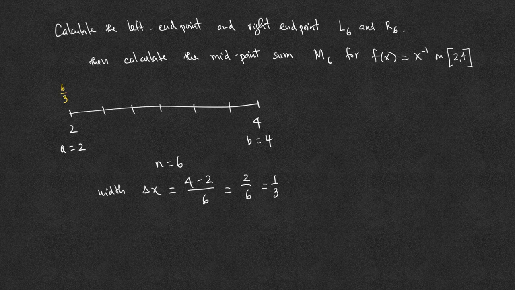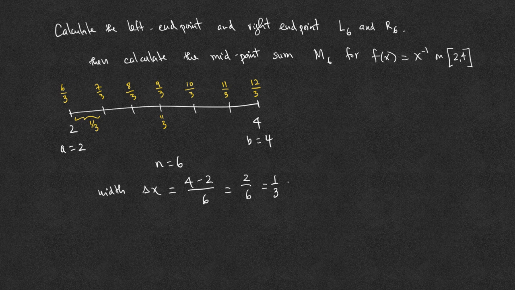Each subinterval has a width delta x of 1/3, so we can simply add 1/3 to 6 over 3 to get 7 over 3, 8 over 3, 9 over 3, 10 over 3, 11 over 3, and 12 over 3. Yes, 12 over 3 is 4. 9 over 3 is 3. And again, 12 over 3 is 4.